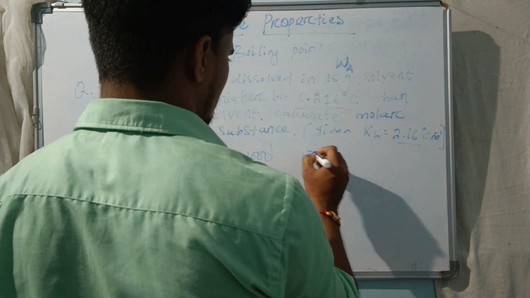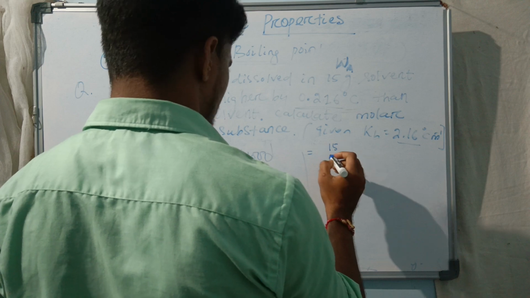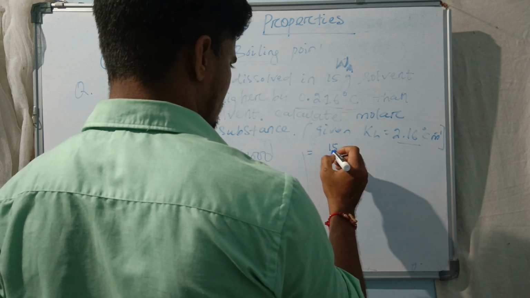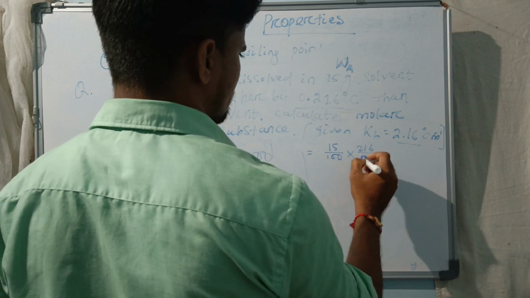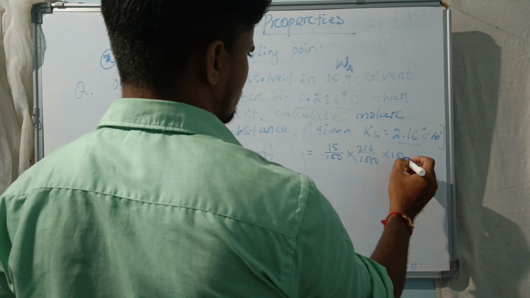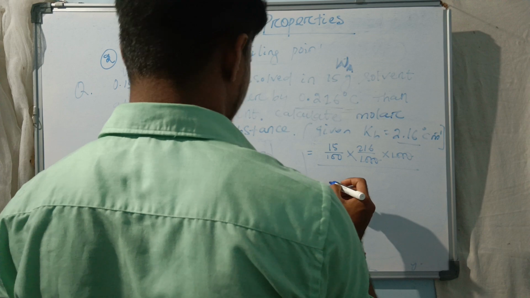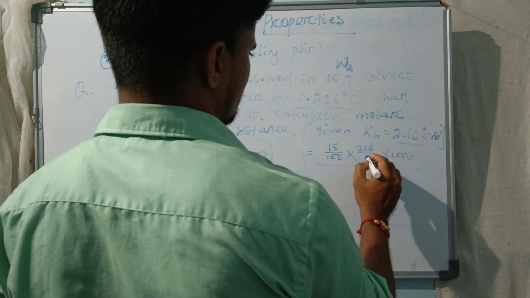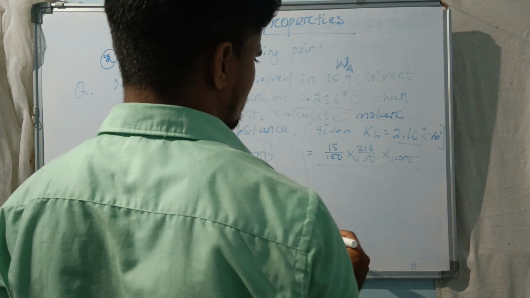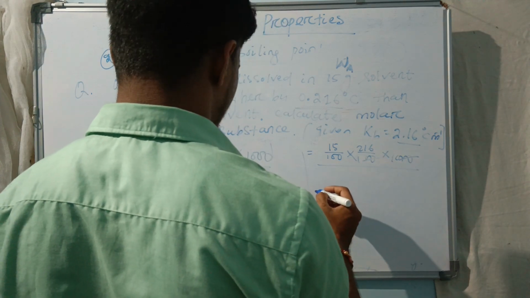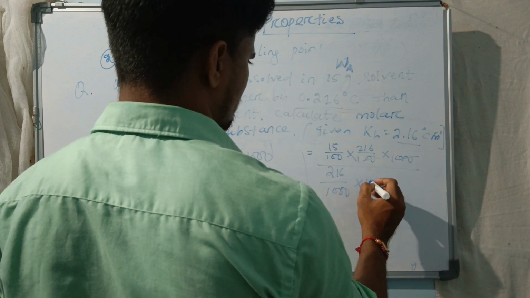Now it comes out as 15 divided by 100 into 216, 1000 into 1000 cancel, whole divided by 216 divided by 1000 into 15.